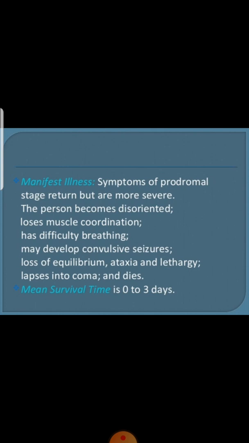The patient would also have difficulty breathing, and will experience seizures as well. There will be loss of equilibrium, lethargy, and the patient may lapse into a coma, and the ultimate result will be death.